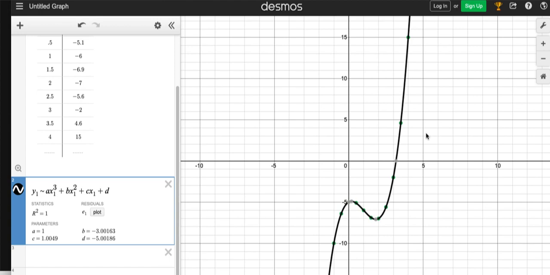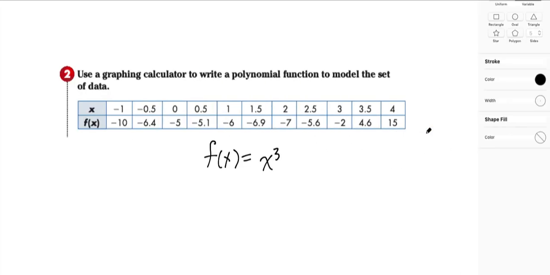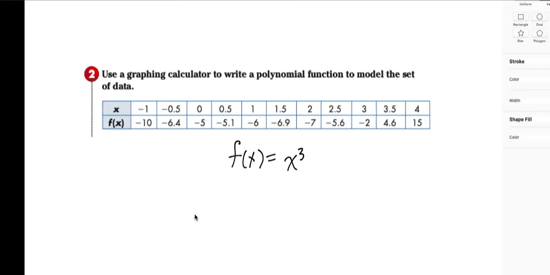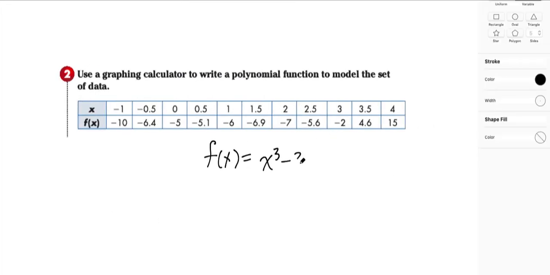So now it's time for me to write my equation. So I slide over here. f of x is equal to x cubed because that a value is 1. Our b value is negative 3.00163, so I'm going to put that in there, negative 3.00163 x squared. Now I'm looking for the c term, which is going to be the x term, and then I need the constant.